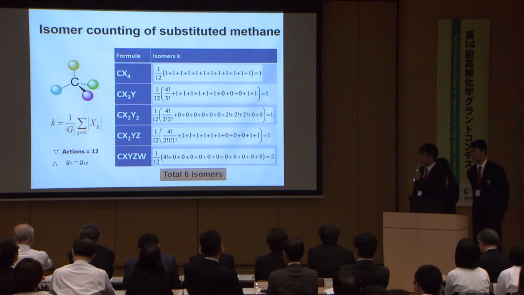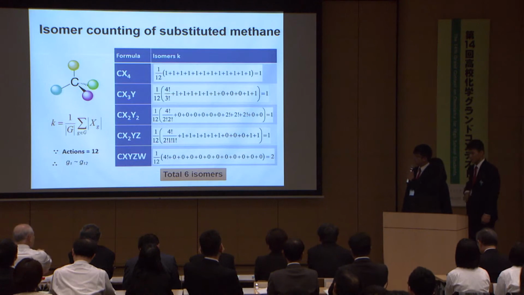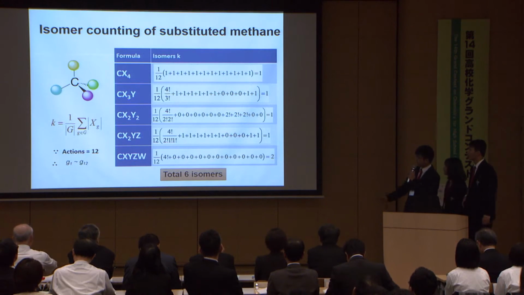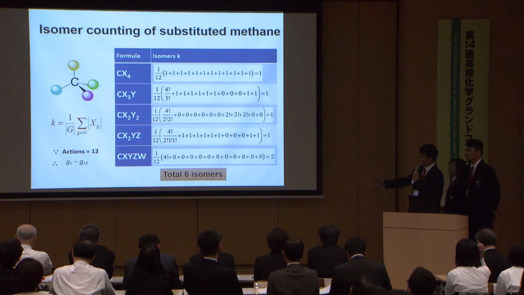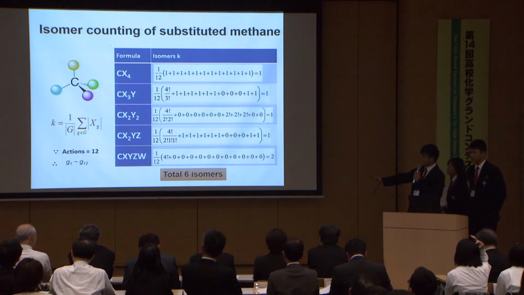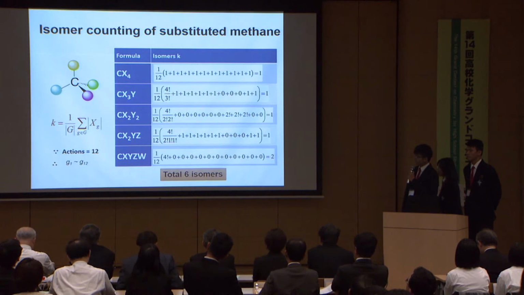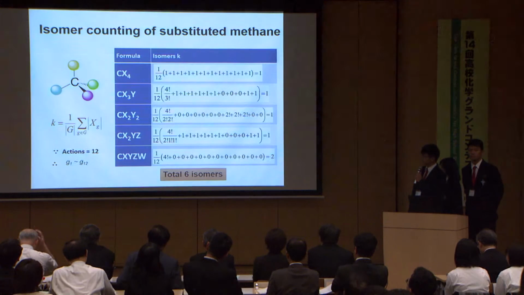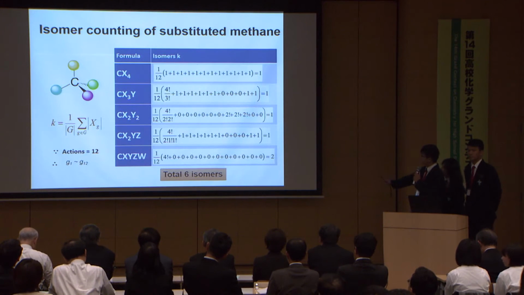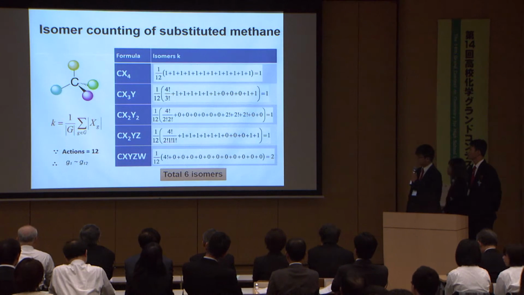In this page, we take methane for example. Its carbon can be connected to 4 substituents. We first list its 12 actions, and according to Burnside's lemma, we can find the number of isomers of methane.